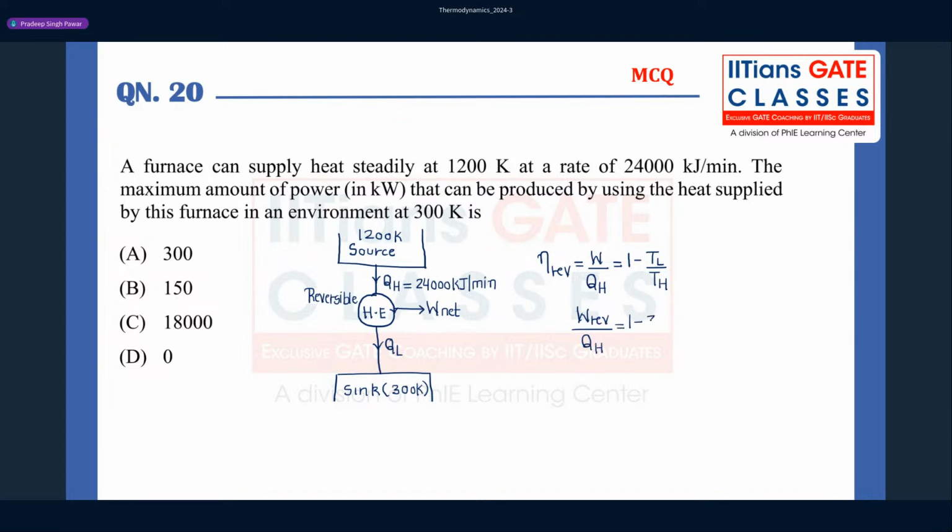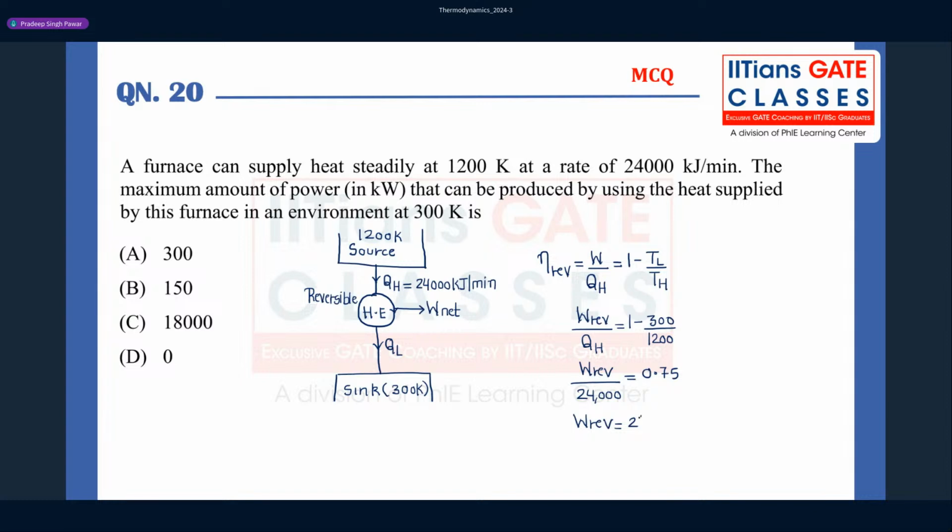The low temperature sink is at 300 Kelvin. High temperature source is at 1200 Kelvin. Okay. The heat that is supplied is 24,000 kilojoule per minute. If you calculate, this factor will come out as 0.75.